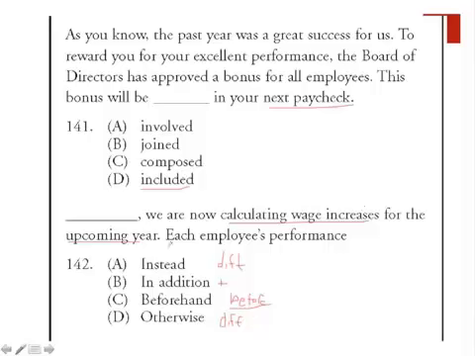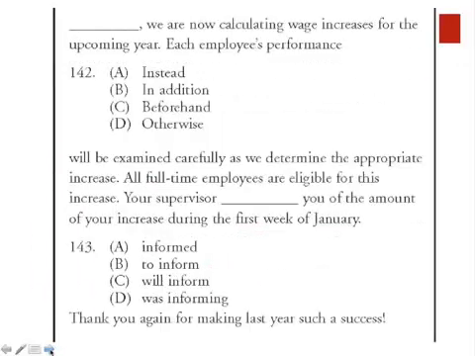Now, what's interesting, though, is we may need to keep reading. Because even though the sentence itself tells us that these wage increases are occurring, how does it actually connect to maybe some information that follows? Remember, this is a transition between one piece of information and the next piece of information. So just for a moment, let's look at the following text. "So each employee's performance will be examined carefully as we determine the appropriate increase."